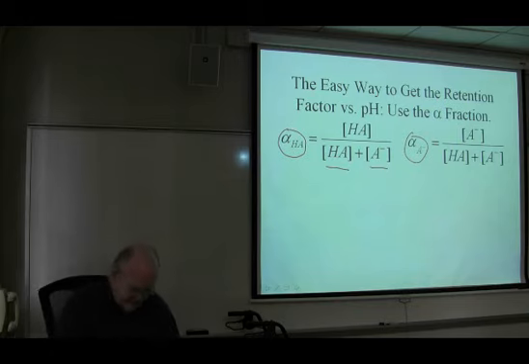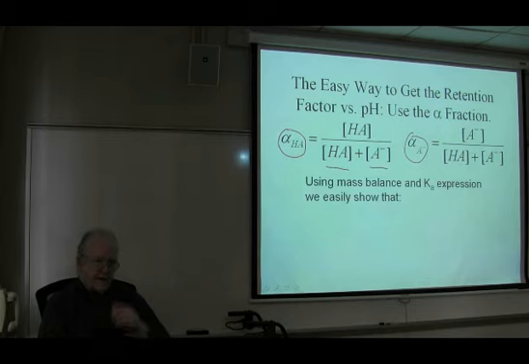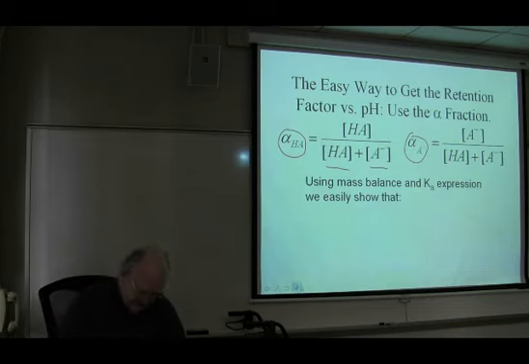Now it's a very trivial matter to combine a mass balance expression and a Ka expression. If you don't know how to do this, you damn well better learn how to do it. Go back to your quant book. If you didn't get this in quant, go back and ask for your tuition back because you were gypped.